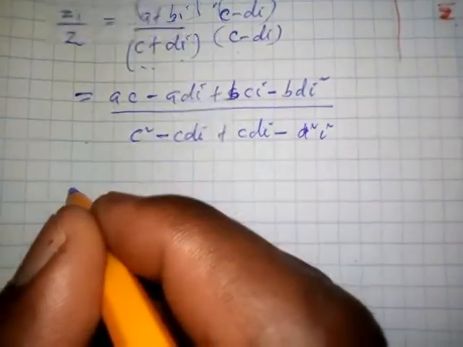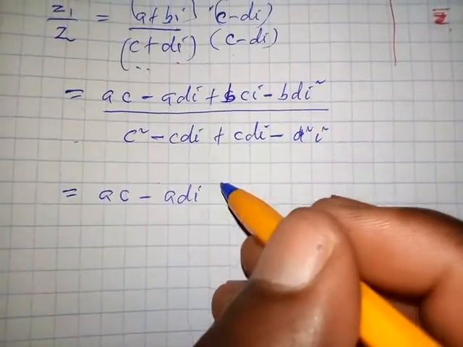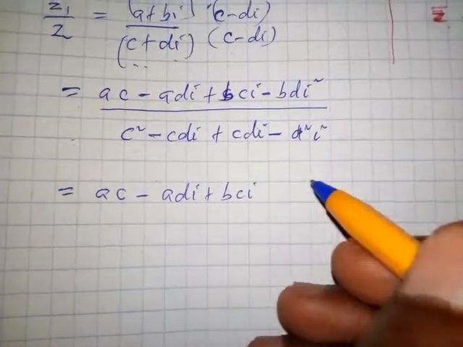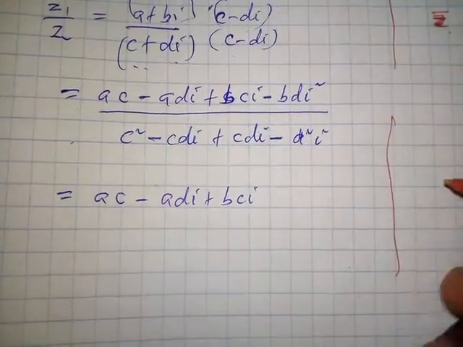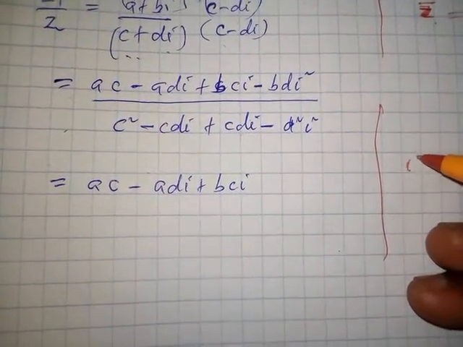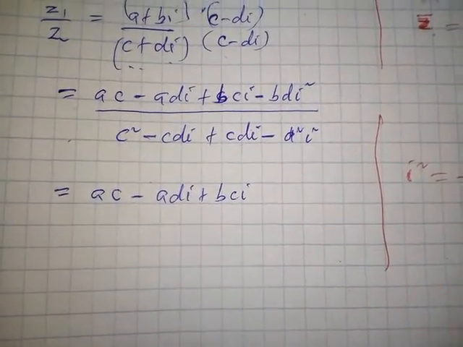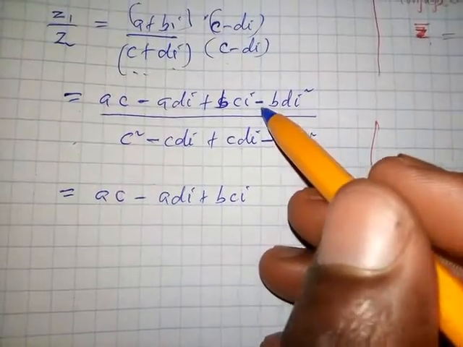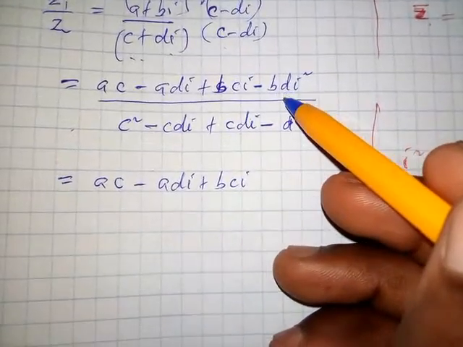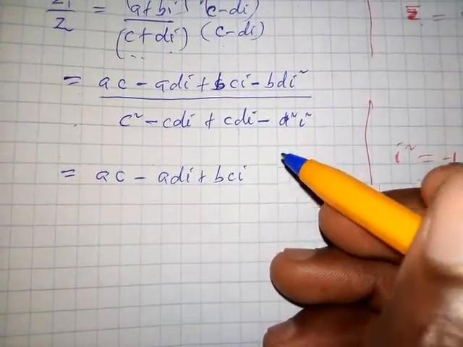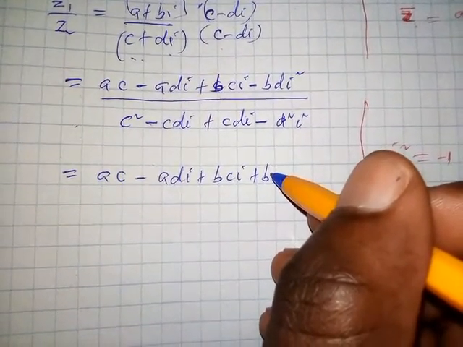And this becomes ac minus adi plus bci. Remember, i squared is equal to negative 1. So since it's minus bdi squared, this will be negative, and a negative times negative bd gives a positive bd.